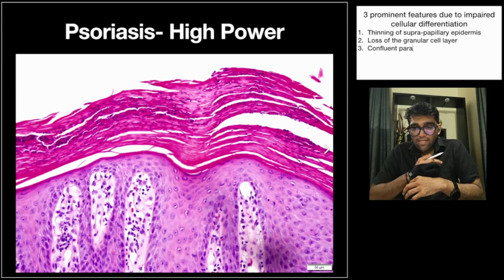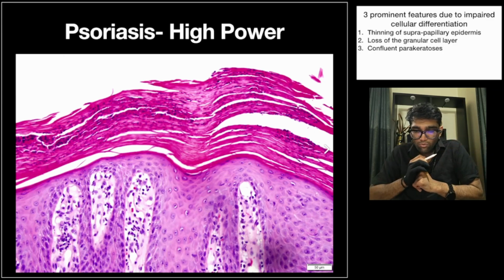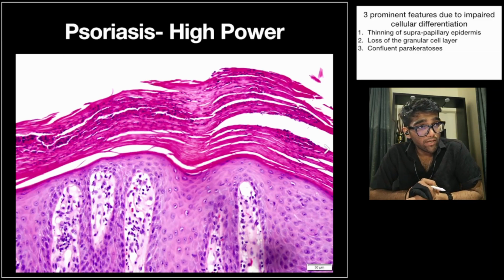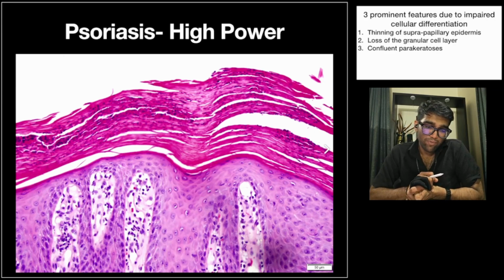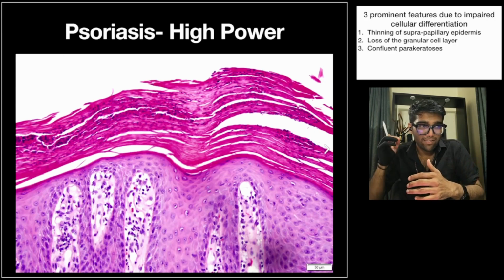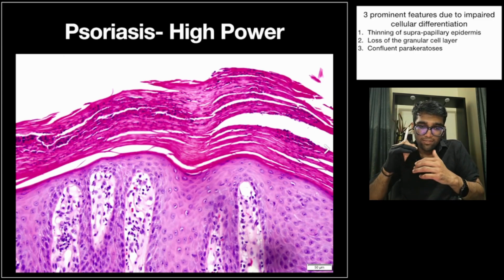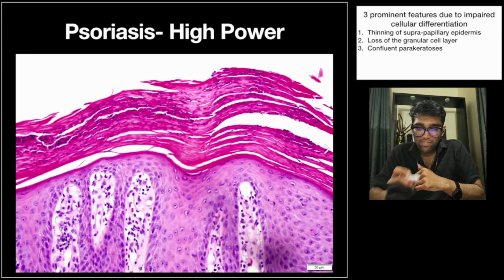Okay, so again indicating impaired differentiation. The third thing is that there is something called confluent parakeratosis. Now, what does this parakeratosis mean? So, ortho would mean in the right direction, and para would mean strictly speaking adjacent to the right direction, but not in the right path. Okay, so see, what you expect with the cornified layers of the epithelium, that is this layer, is that there would be no nuclei within the layers.